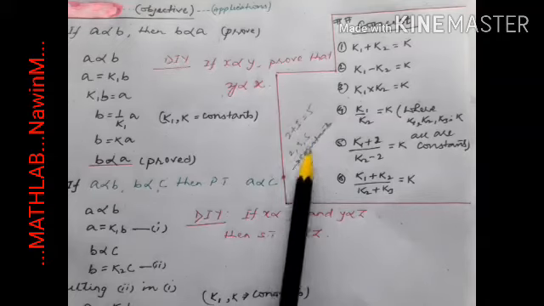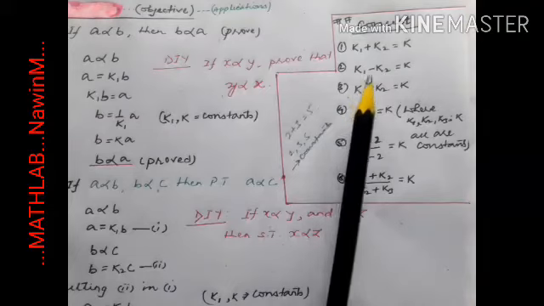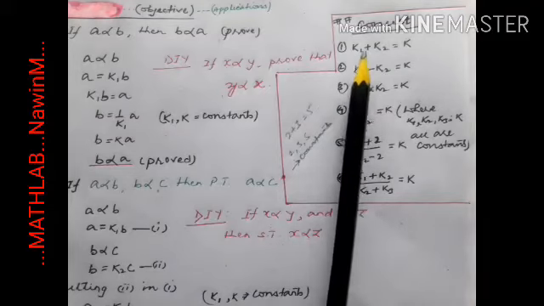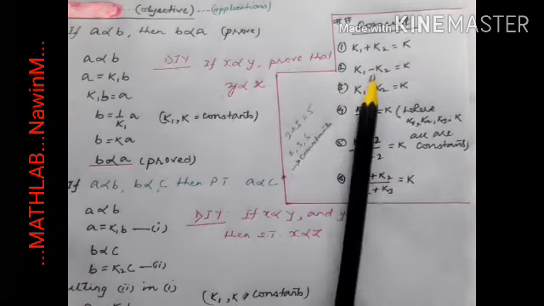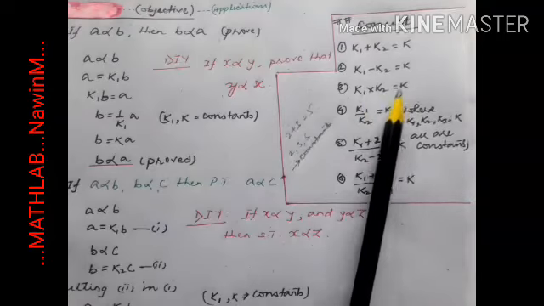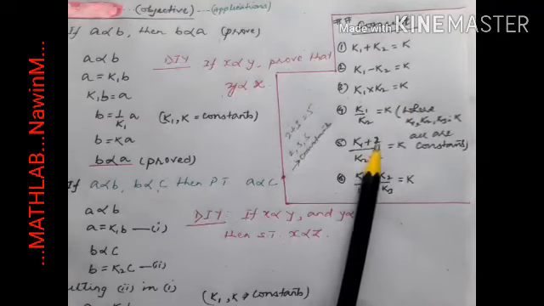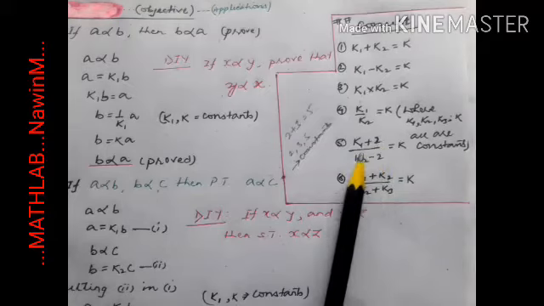Based on this we have certain concepts here. Let us revise. k1 constant, k2 constant: constant plus constant gives a constant, constant minus constant gives a new constant, constant into constant gives a new constant, constant divided by constant gives a new constant. Constant plus constant, 2 is also a constant, no?